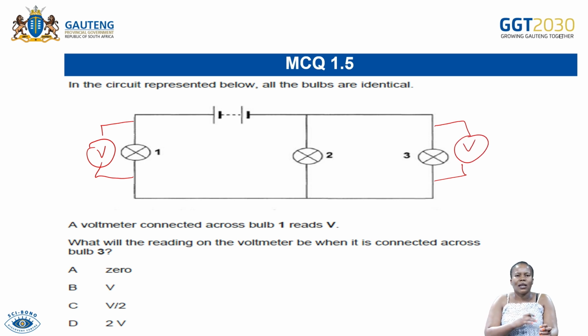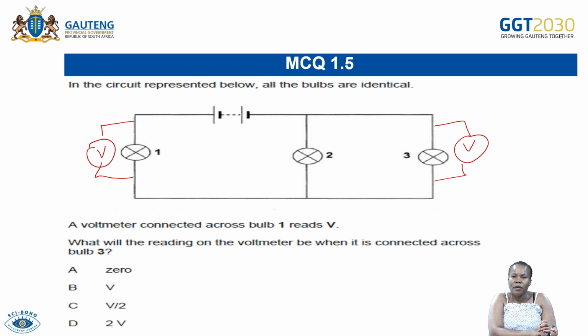Let's look at how it is connected. Remember, these ones are connected in series, and you know that series components are potential difference dividers, while those connected in parallel are current dividers. A voltmeter across bulb 1 reads V. So across bulb 3, definitely it will not be 0.